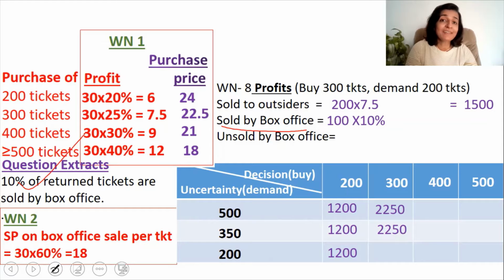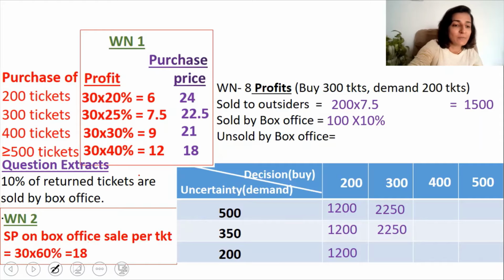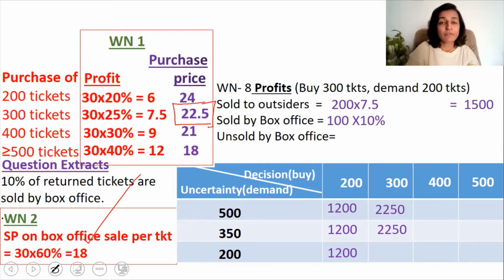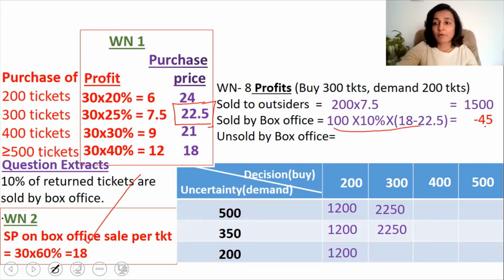And what is the profit that he gets on these return tickets? Selling price that he receives from the box office is just $18. And what was his purchase price? Purchase price is 22.5. So what is his profit? 18 minus 22.5. So we get the final profit as a negative figure, negative $45.